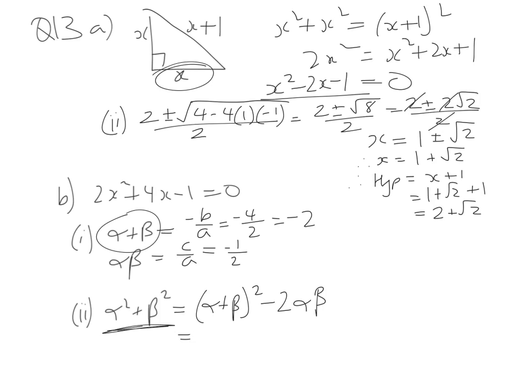So therefore, alpha plus beta all squared minus 2 alpha beta. Alpha plus beta is negative 2 from the previous question. We'll square that. And 2 times alpha beta, which is negative a half. So we get 4. Half of 2 is 1, negative and negative is a positive, so we get 5.